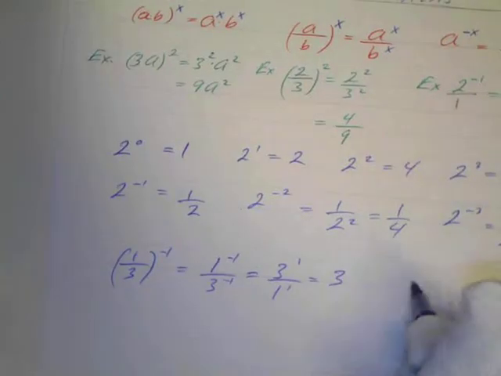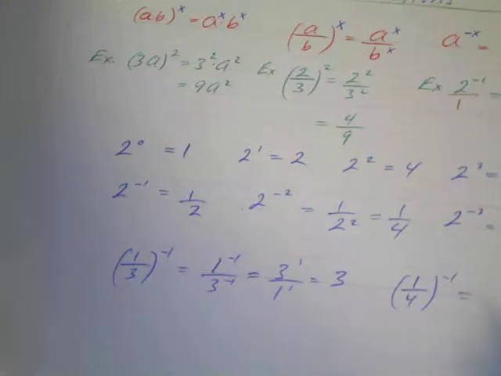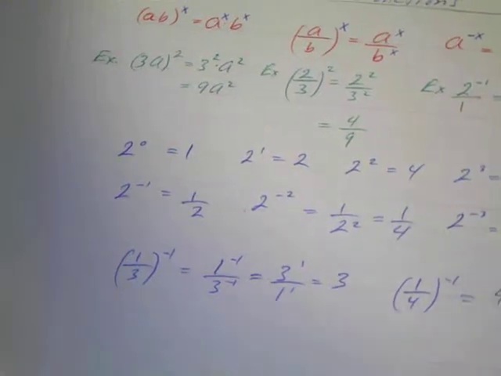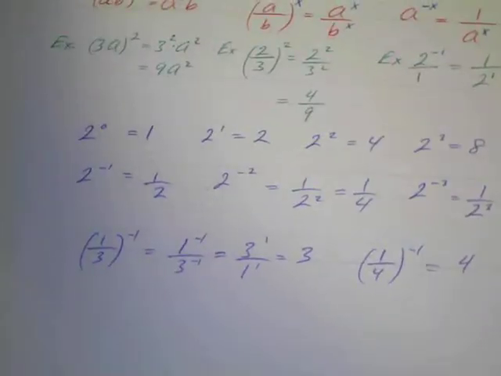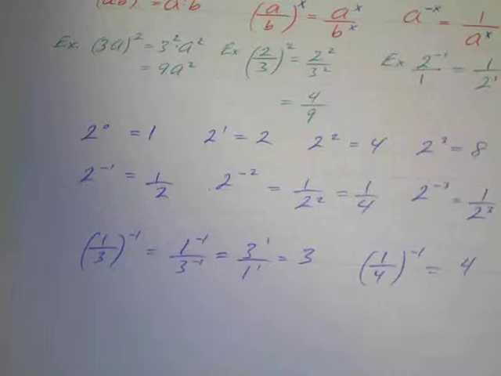So if you saw something like 1 over 4 to the negative 1, that would just be 4 over 1, or just 4. That's something you want to be aware of, because we'll be dealing with these as we're working with exponential equations.